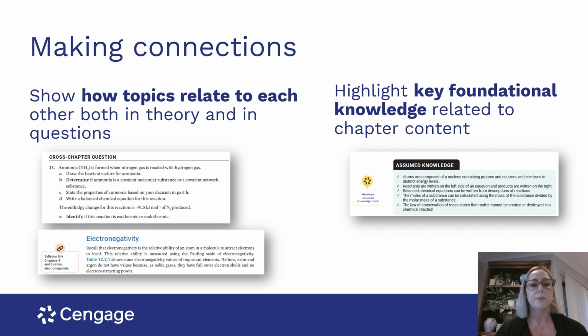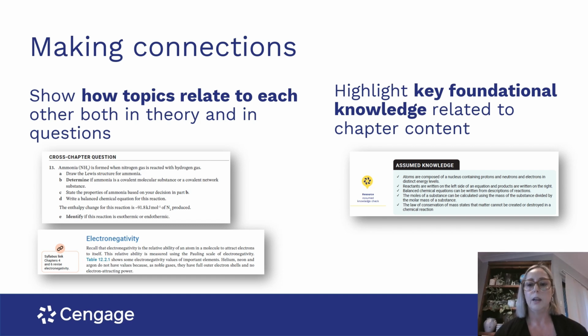As we know, QCAA likes to bring in topics from one section to another in the external exam. So in the textbook, we've added some cross-chapter questions that require students to not just answer questions based on the content within that chapter, but also think back to what they've already learned and make those connections across chapters. That strengthens their learning as well.